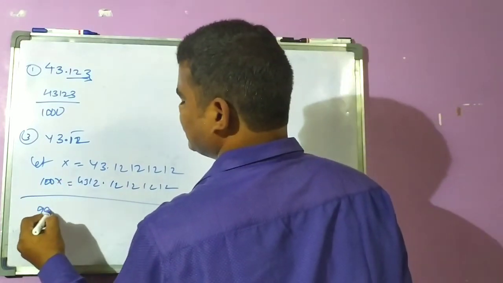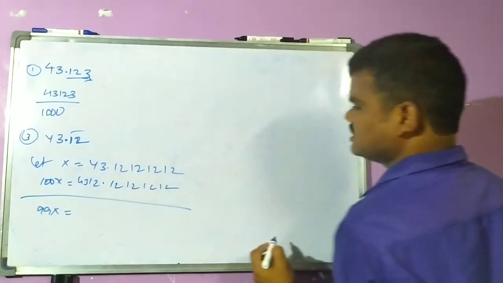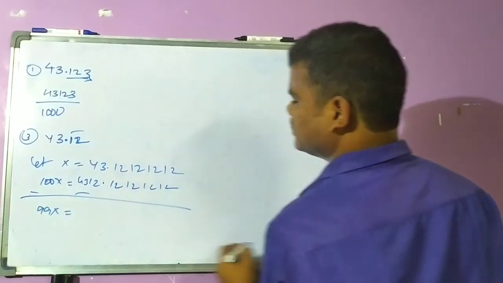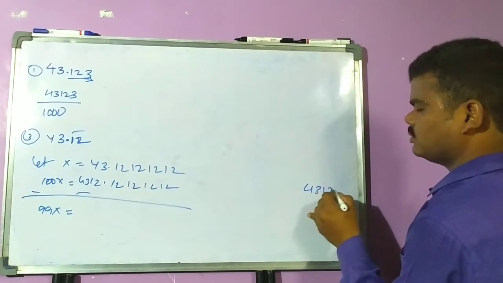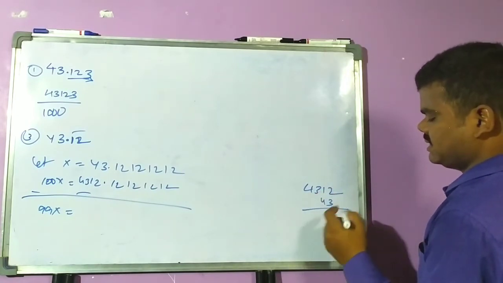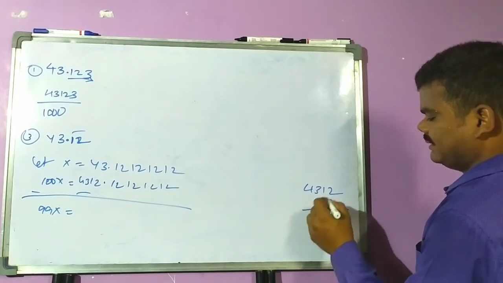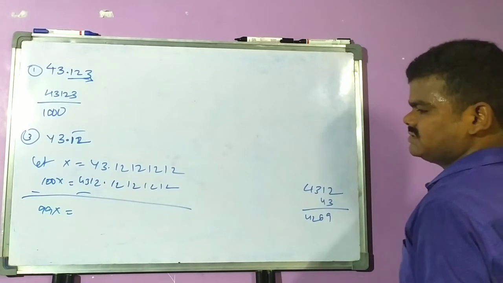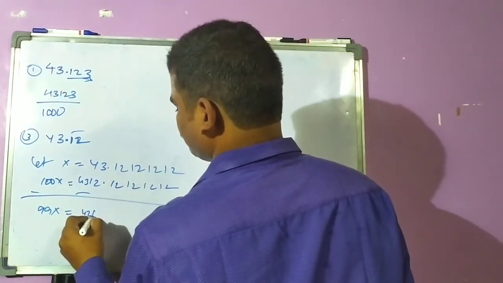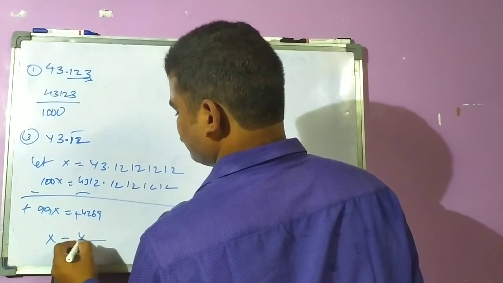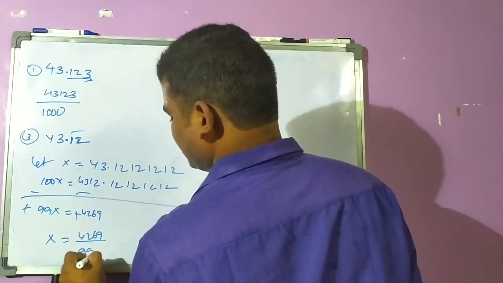Therefore, 99x equals 4312 minus 43. 12 minus 3, 9. 10 minus 6, 4. Minus 4 to 6, 9. Here the decimal parts cancel. X equals 4269 by 99.